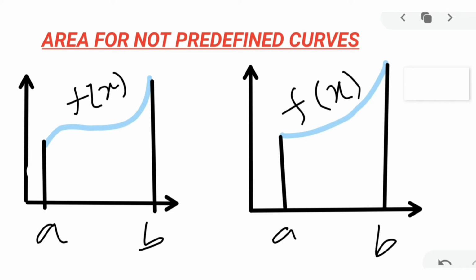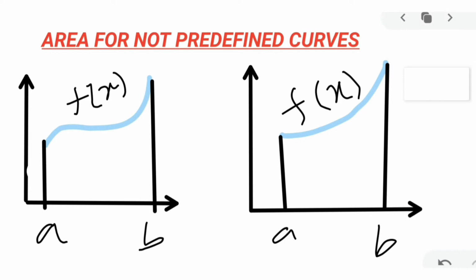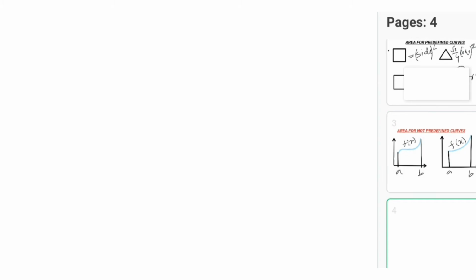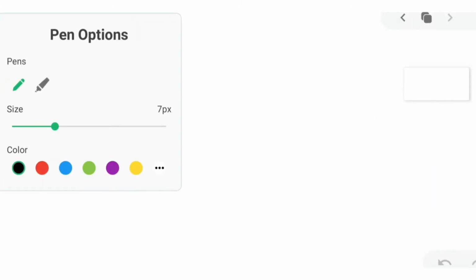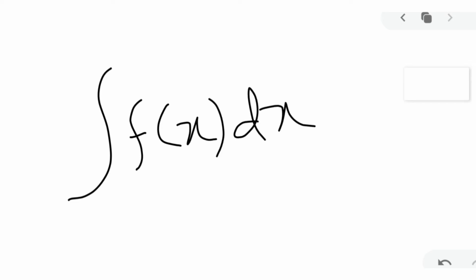So what will be the area enclosed? The area enclosed for both of these graphs will be the integration of f(x) with respect to dx from a to b.